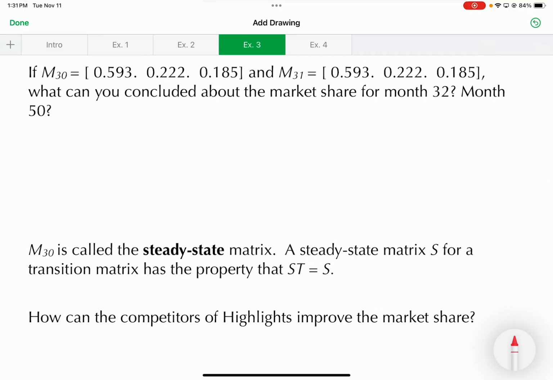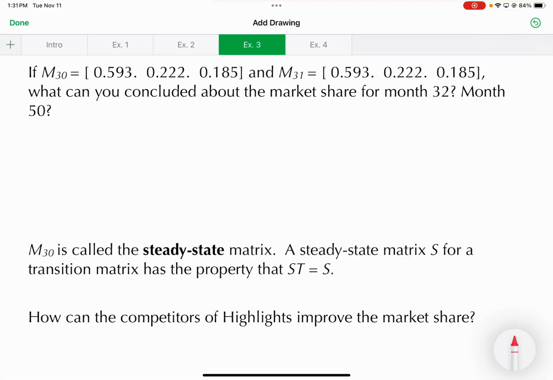Let's go to the 30th month. So if your 30th month gives you these values in the market share matrix there, 0.5393, 0.222, 0.185. And then the 31st month has the same market share matrix. What can we conclude about the market share for month 32? What would we expect it to be? It's going to be the same, right?